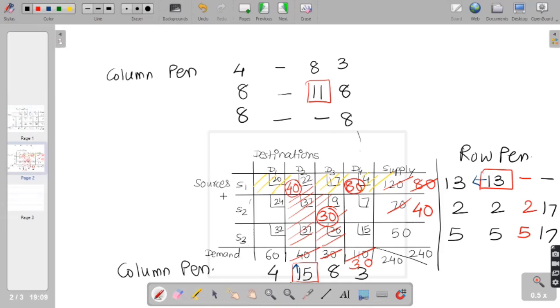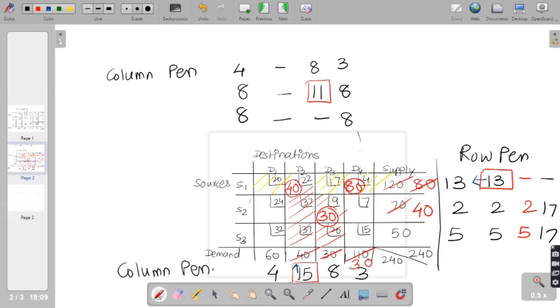Both row penalties have become 17. So we should look in the corresponding rows for the least cost. In the second row, if you see, the least cost is 7. And in the third row, the least cost is 15. So we have to check which is the least between these two. So obviously 7 is the least cost.